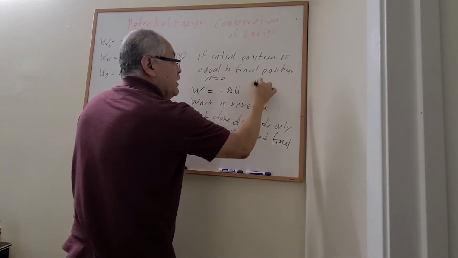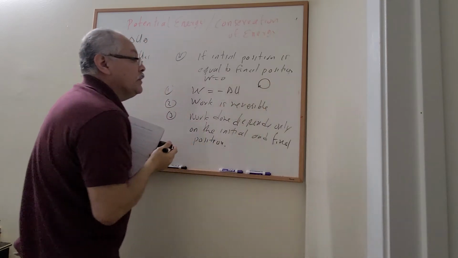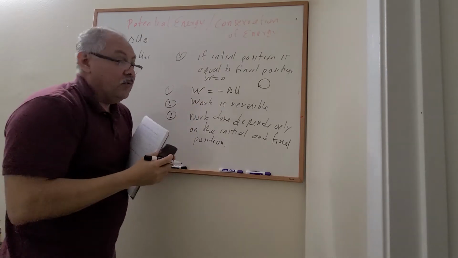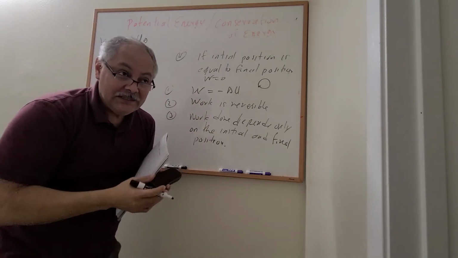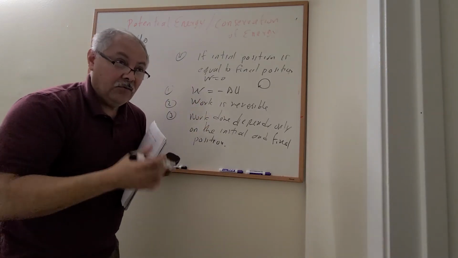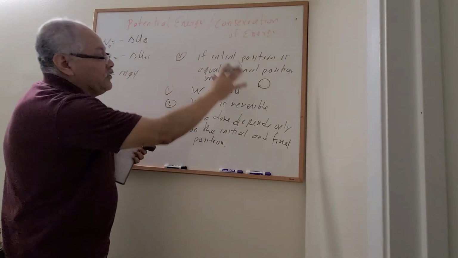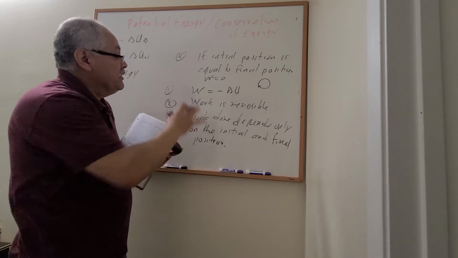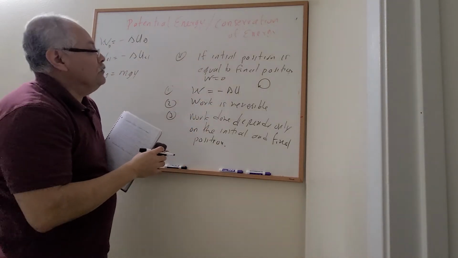When you start right here and end in the same position, the net work is zero. Again, this is for the case when the force acting is a conservative force. And of course, for all of these cases, friction is zero. No friction is taken into account.